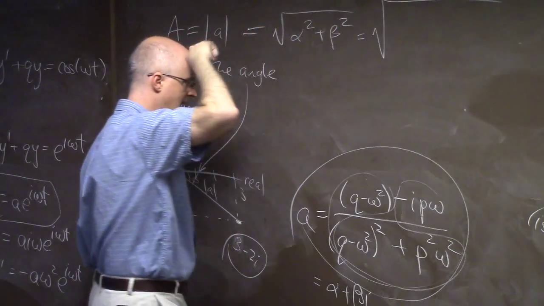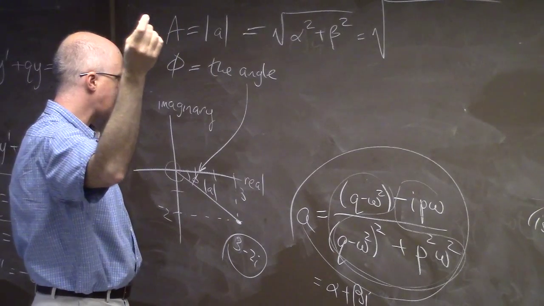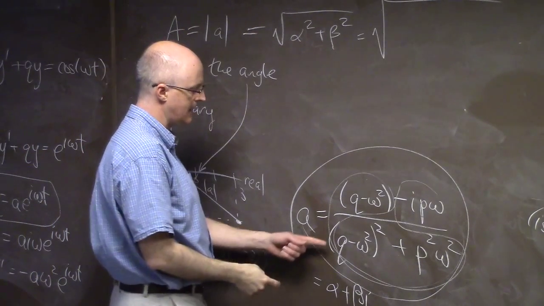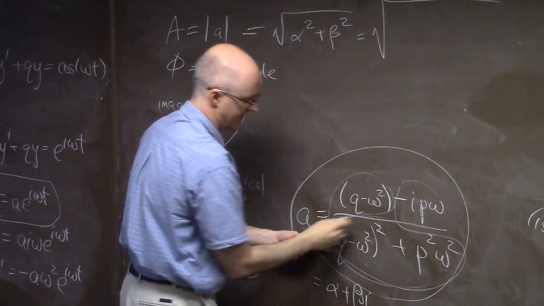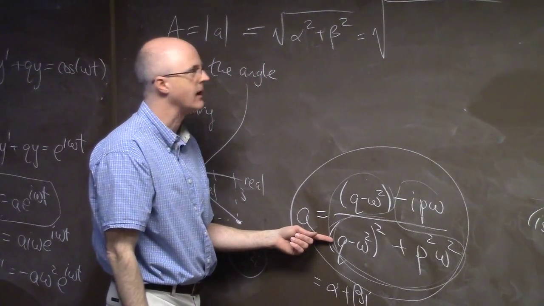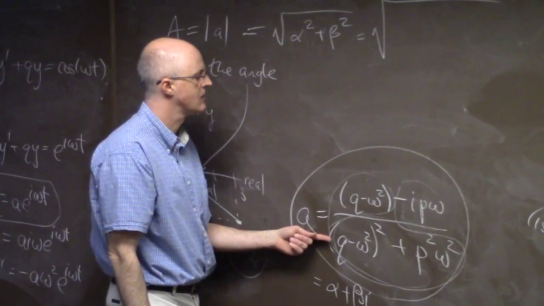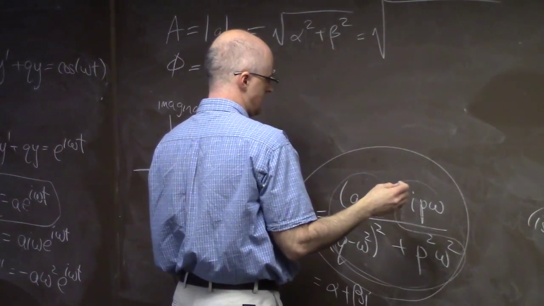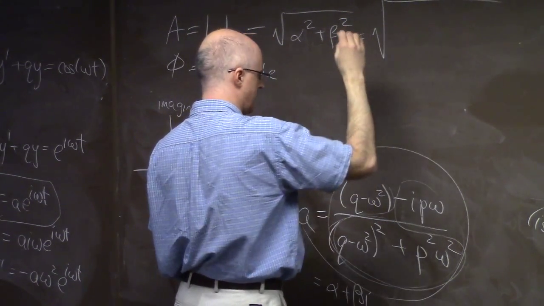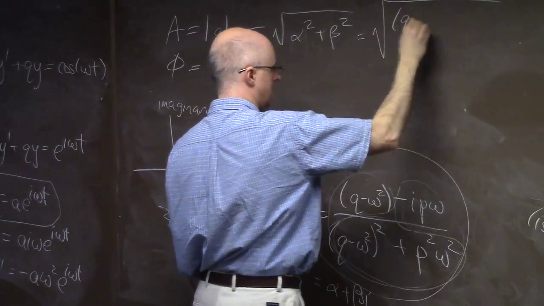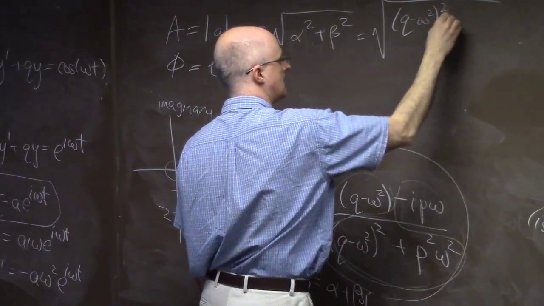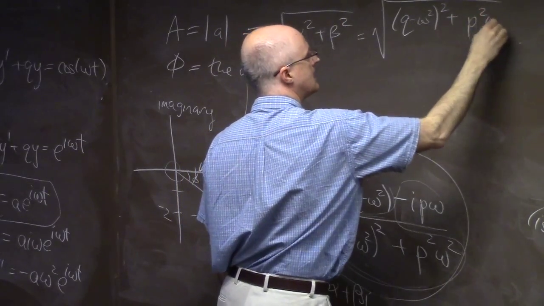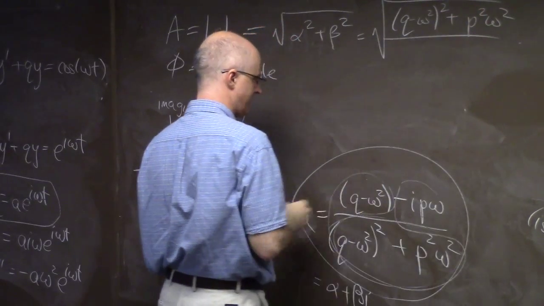This will be a square root. I'll get a common denominator right away. The common denominator is going to be that thing squared. The numerator is going to be that.